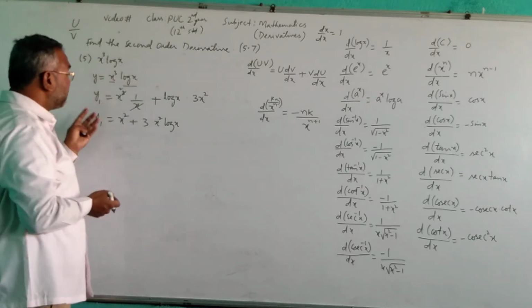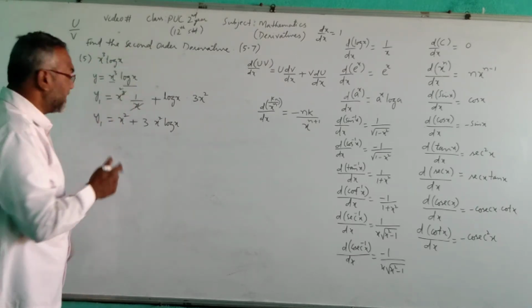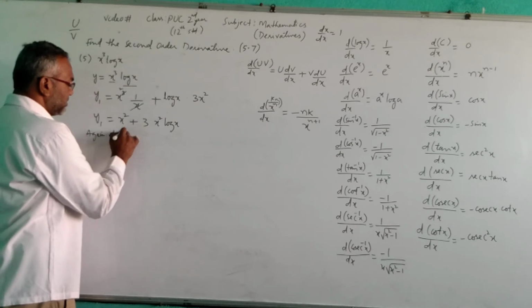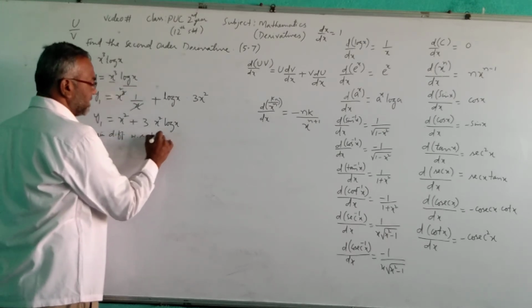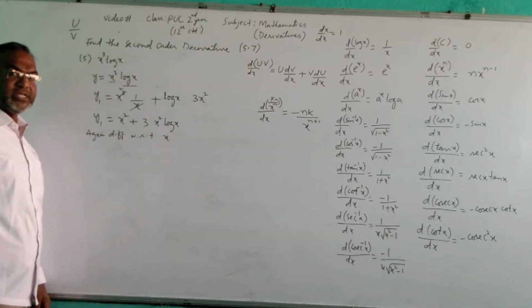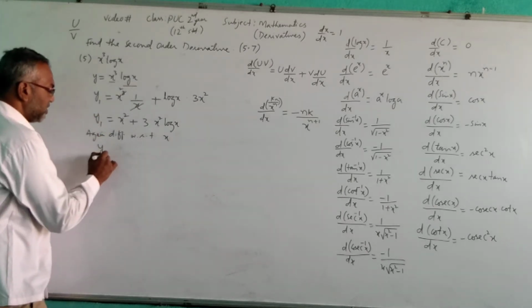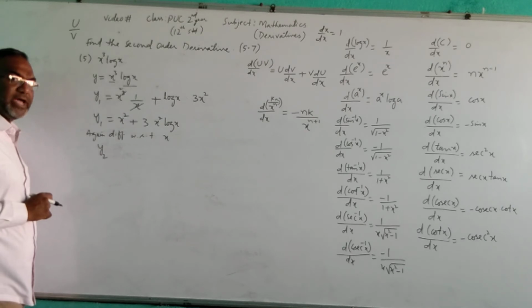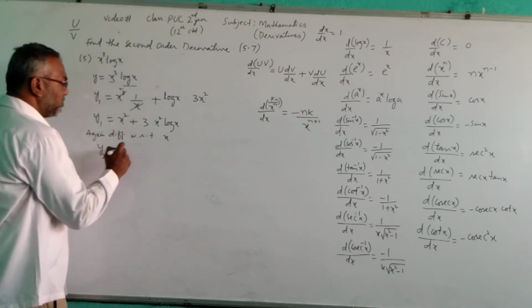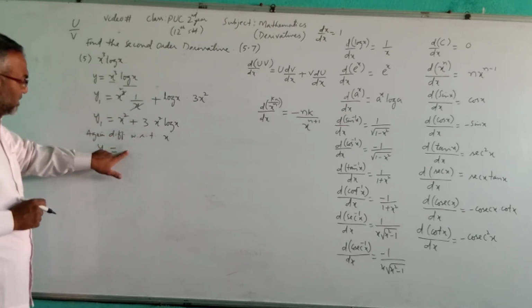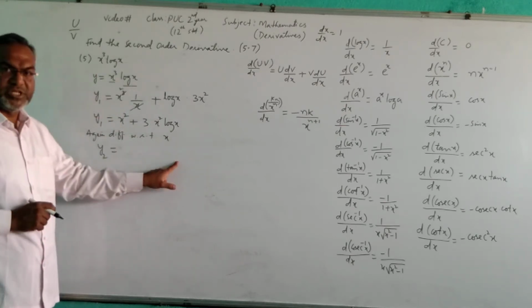Now we have to get the second order derivative, so differentiate again with respect to x. y1 becomes y2, the second order derivative will be equal to, now differentiate this. We'll first differentiate this term, then plus you can differentiate this term, right?